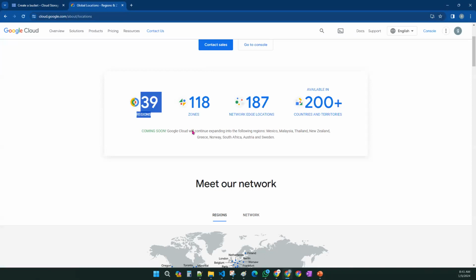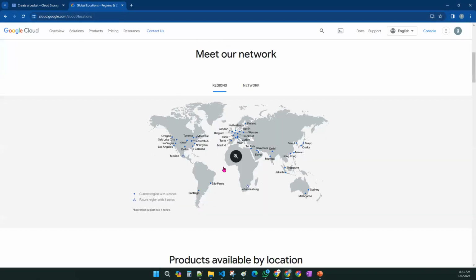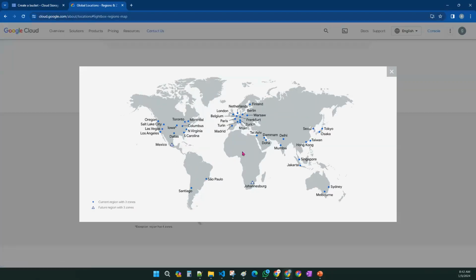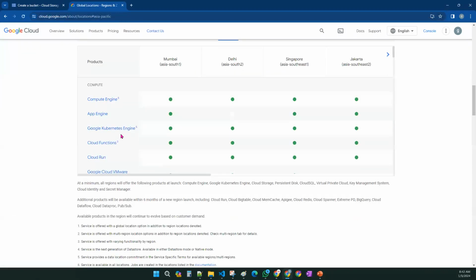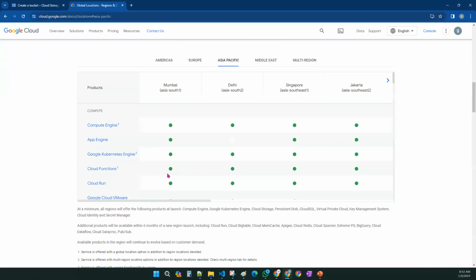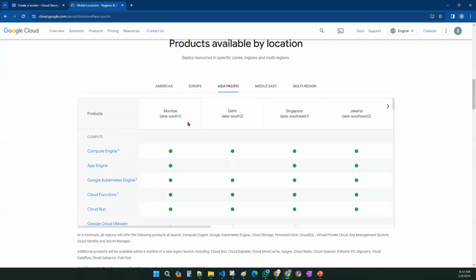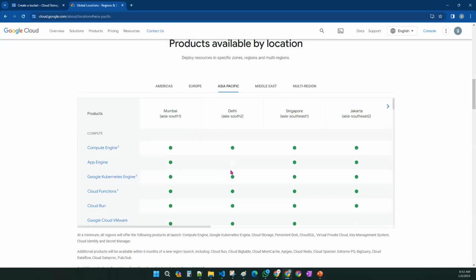They keep on increasing it. This is the updated picture, I have taken it from here. For Asia Pacific, you have this, and the resource availability you'll be able to see here, and here Mumbai and Delhi, Asia South 1, Asia South 2.